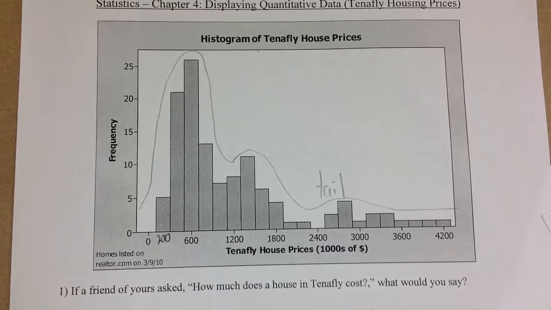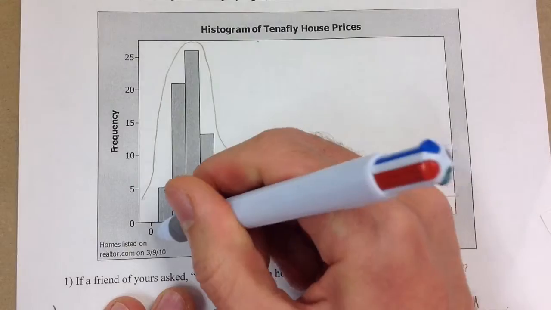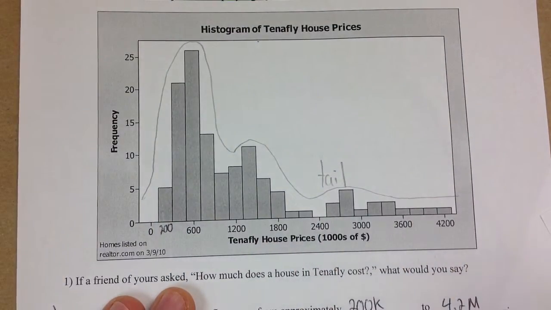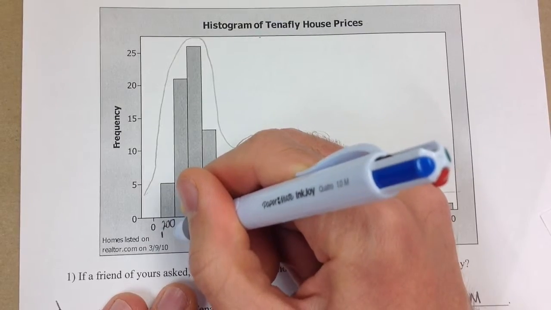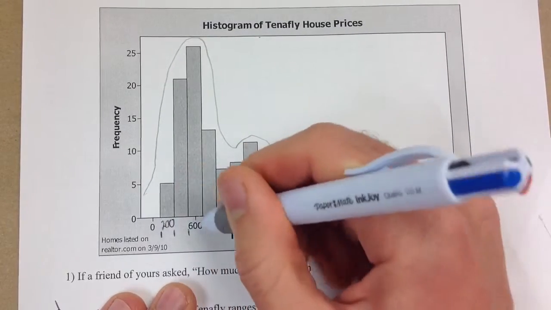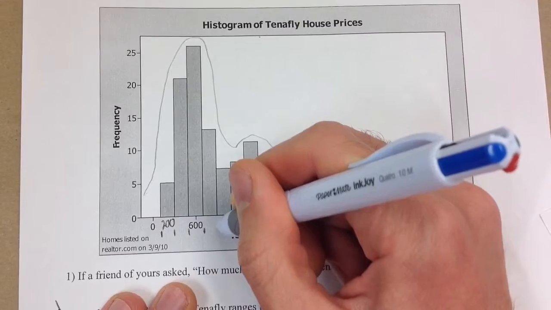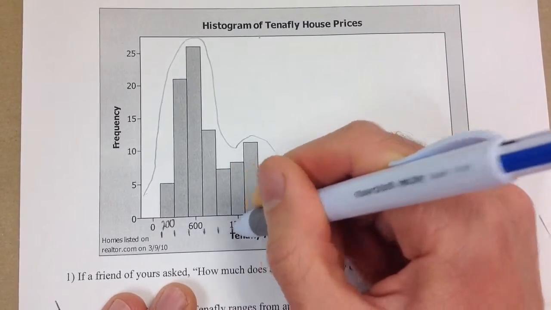All the homes are different? Okay, maybe I'm not making it clear. So when I say bin size, I'm referring to the size of each category. Each category being represented by a bar here. Now we're in agreement.